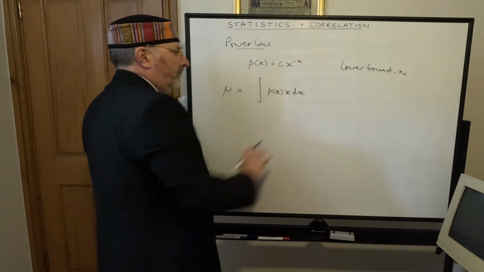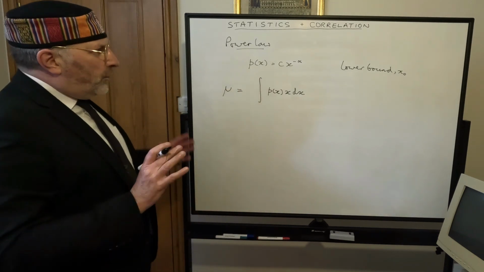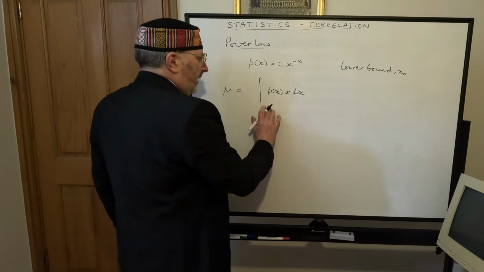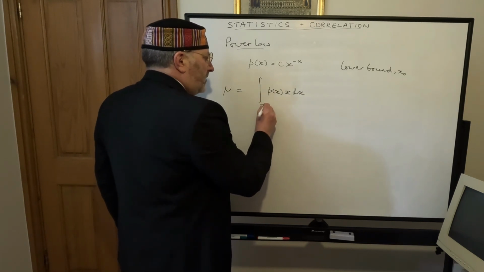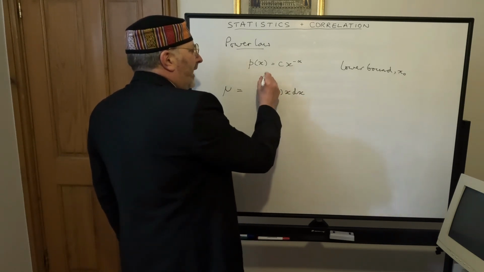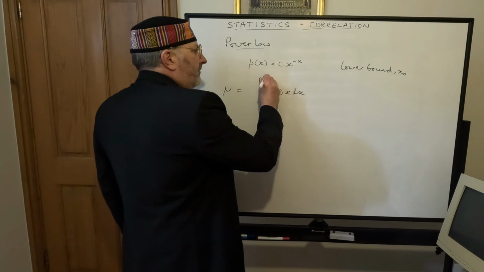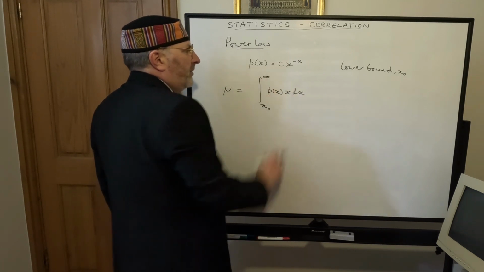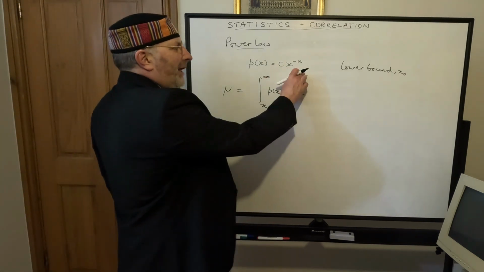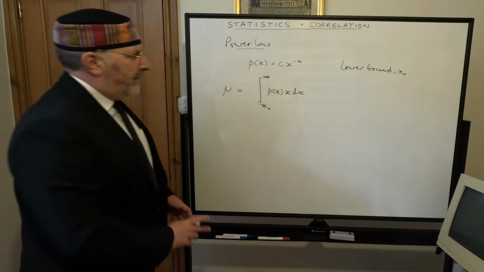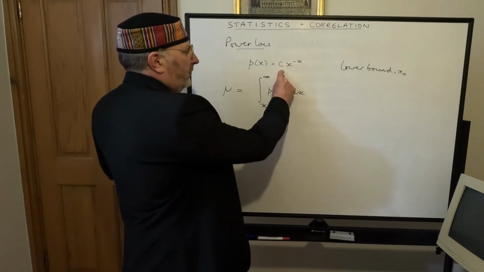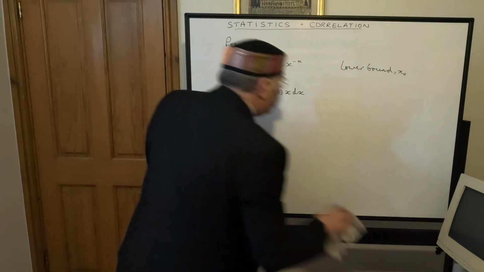That's the standard formula for the mean, which we showed where that came from, and we would integrate that from x0, the lower bound, the minimum possible value, up to infinity. In principle, x could be as large as infinity. The larger it is, the less likely it is, but it could go up to infinity.